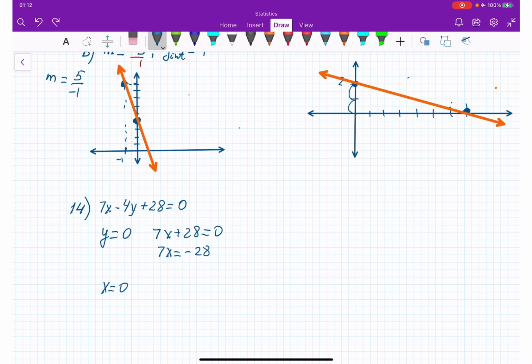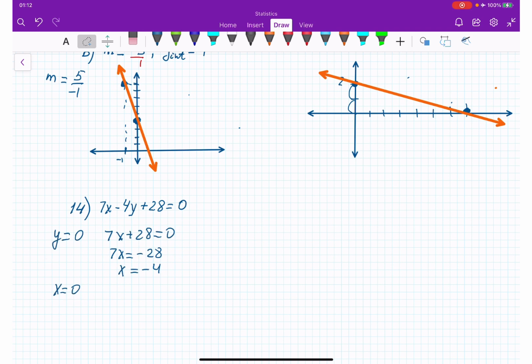And x is equal to negative 4. So the first intercept is going to be x is negative 4, y is 0. This is my first intercept.